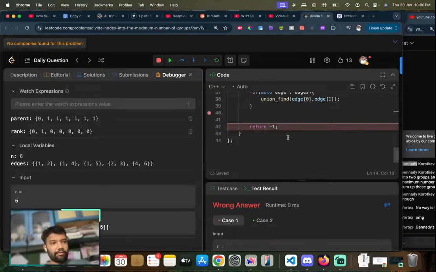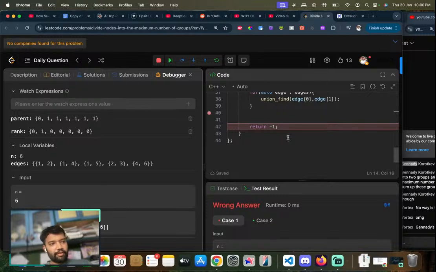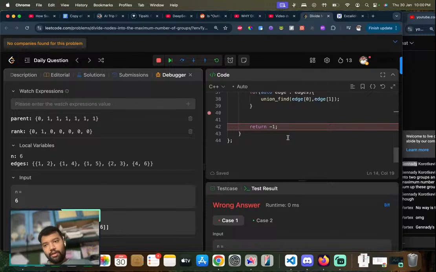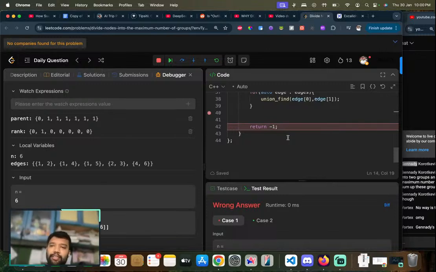So I would have to store all of them into a map or something. I will have the number of groups, that is not an issue. How can I find the height? I can do DFS or BFS to find the height.